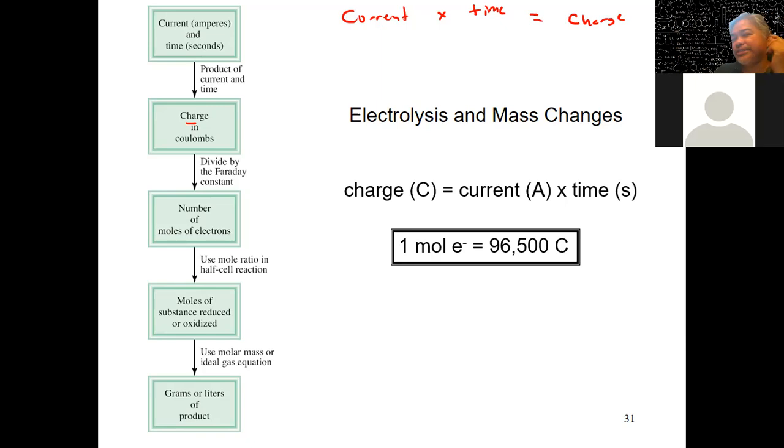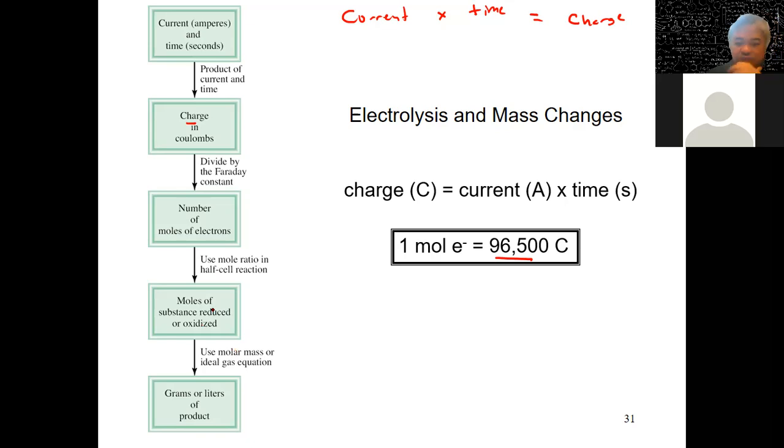And you can determine the number of moles because, based on the Faraday constant, 1 mole of electrons is equivalent to 96,500 coulombs. So from that, you can determine how many moles of the substance you have. You're just going to use the mole ratio in the half reaction.